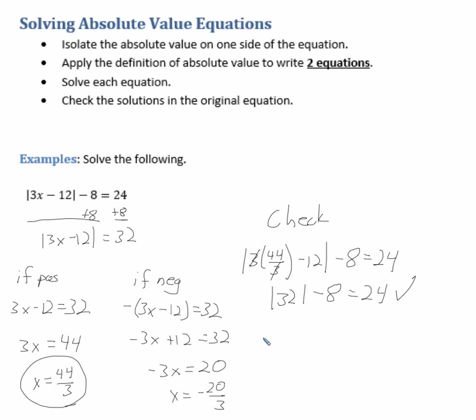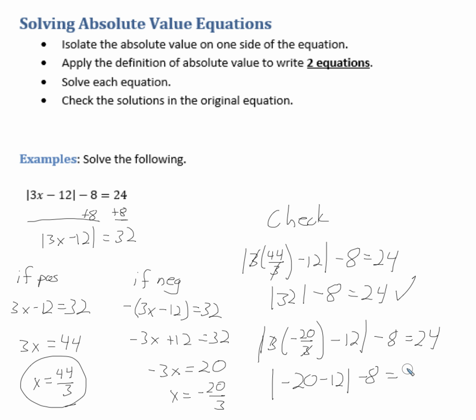And then let's check the other one. So 3 times negative 20 thirds minus 12 minus 8. Does that equal 24? These reduce. Negative 20 minus 12 minus 8.